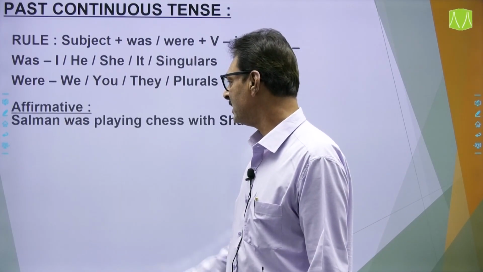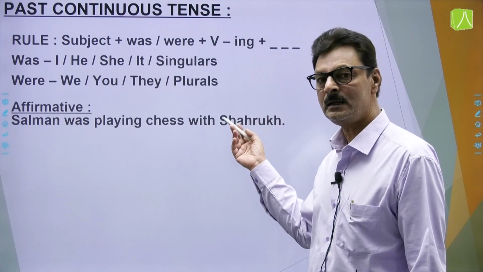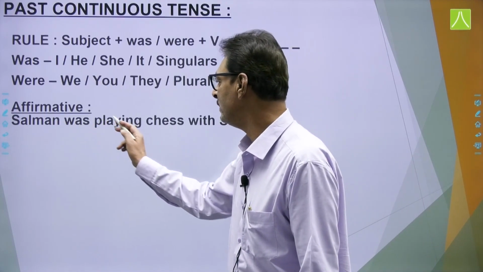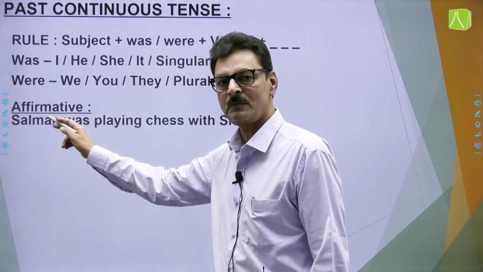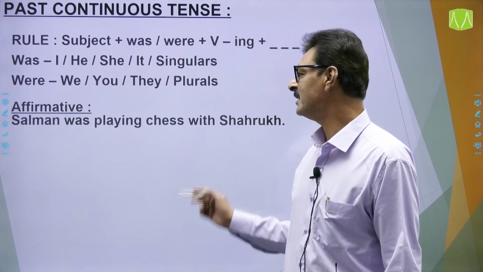Affirmative sentence examples. Salman was playing chess with Shahrukh. What was he doing? Salman was playing chess with Shahrukh. So was playing: Salman is singular, no doubt. So Salman was playing chess with Shahrukh.